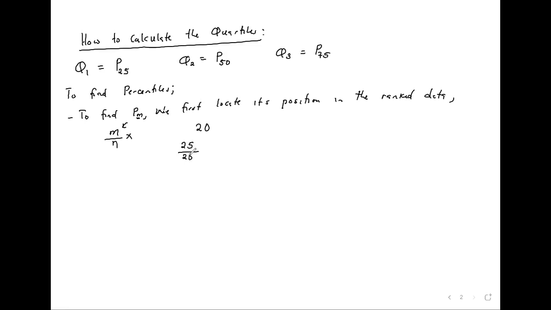If the number you get has something like a 0.5, then you go straight to the next position.